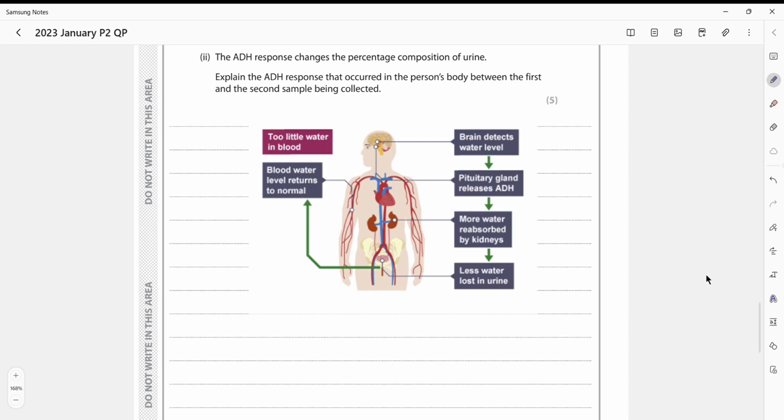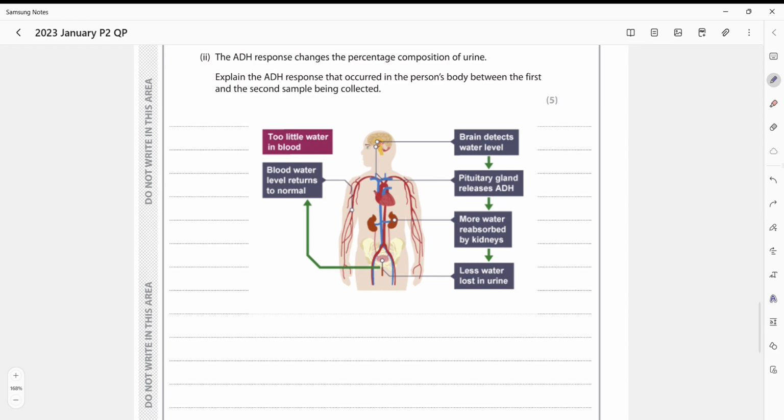So let's just do a little bit of overview as to what ADH does. So here we have an example of if we have too little water in our blood. If we don't have enough water in our blood, our hypothalamus is able to detect that. And so that's this part here. And then our pituitary gland is responsible for releasing a hormone called ADH. So ADH actually stands for antidiuretic hormone.